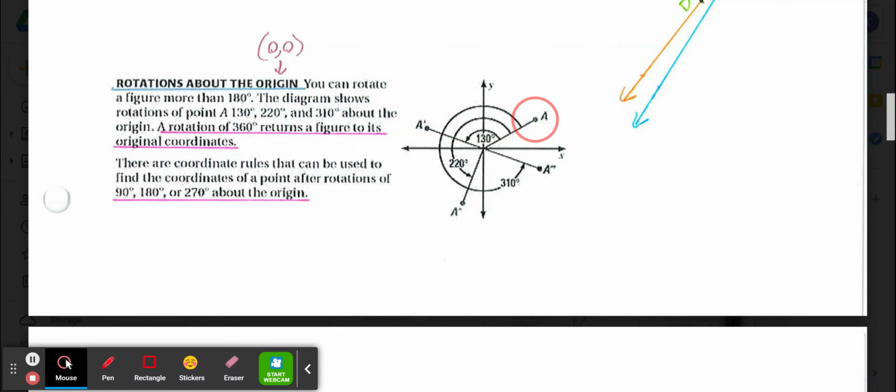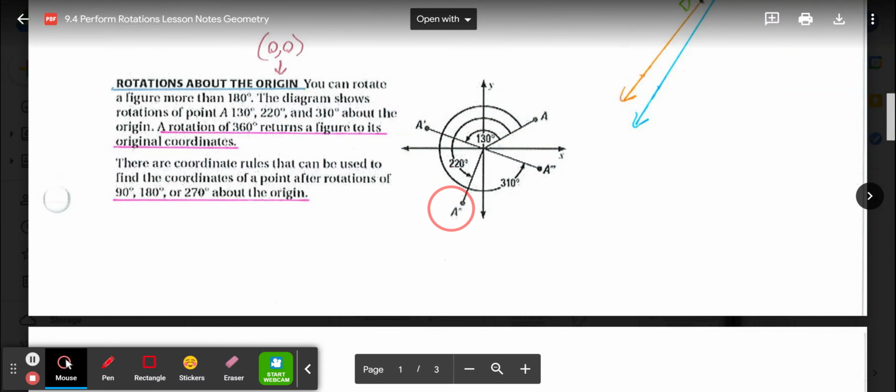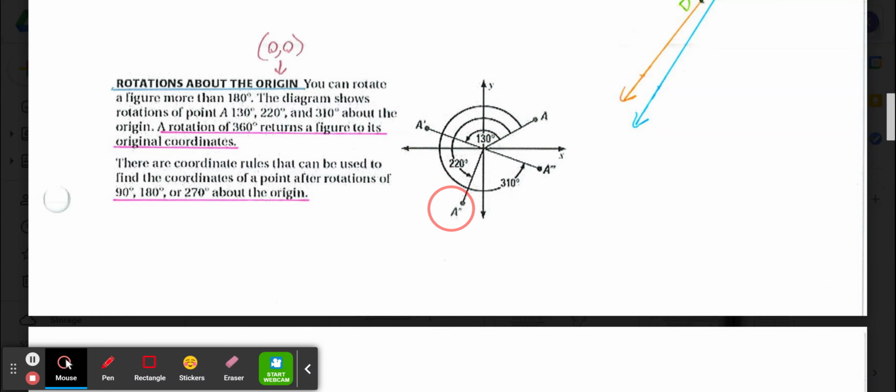They're showing rotations of point A 130 degrees here to A prime, a rotation of A 220 degrees down here to A double prime, and a rotation of A 310 degrees all the way over here to A triple prime. If we rotate 360 degrees, we're right back to our original coordinate.